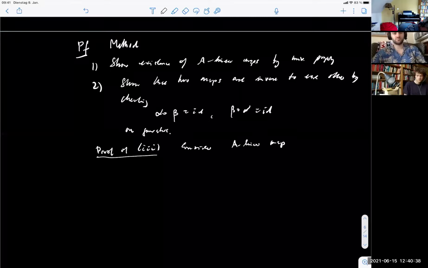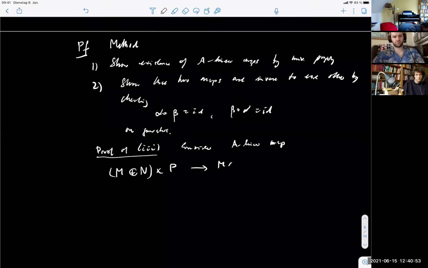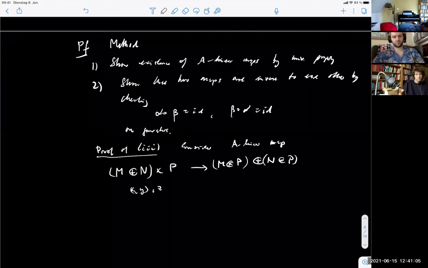Here I have the direct sum, M direct sum N, Cartesian product P, to M tensor P direct sum N tensor P. And this map, what does it do? (x, y, z) is sent to (x tensor z, y tensor z).